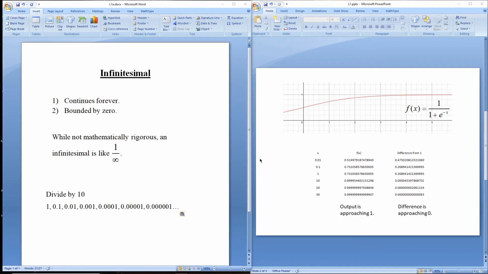Now I do want to stress again that infinity and an infinitesimal are not numbers. They don't express a quantity. So let's say I have 5 pens in a box. Well, that number 5 is expressing a quantity, the number of objects that I'm seeing in this box. I'm seeing 5 of them.